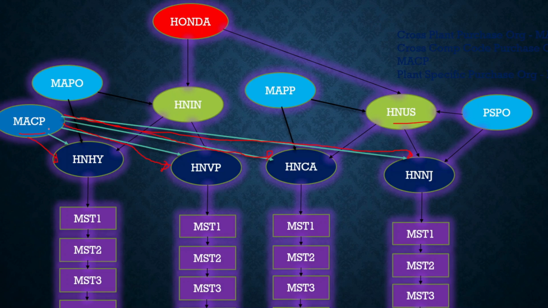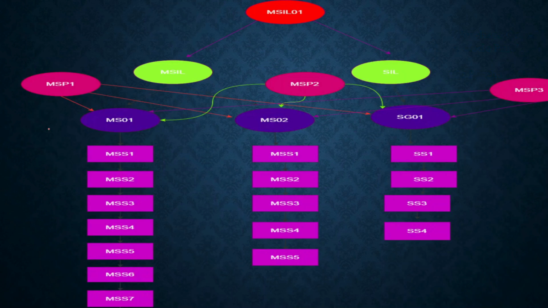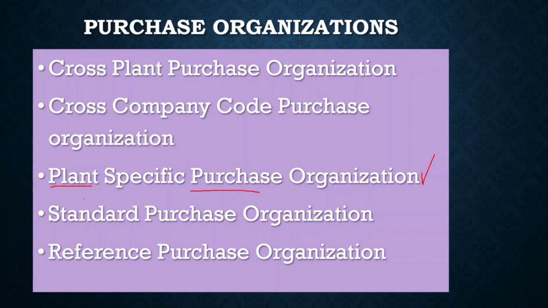Cross plant is cross plant, cross company code is cross company code. I'm saying a cross company code purchase organization, its other name is centralized purchase organization, but cross company code and cross plant purchase organizations are both different.